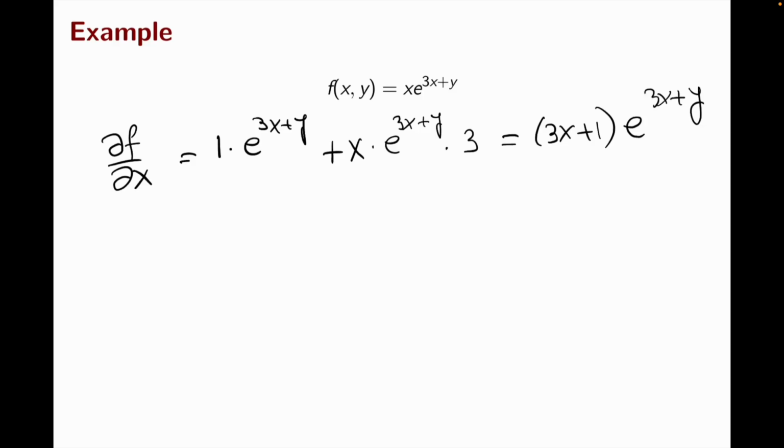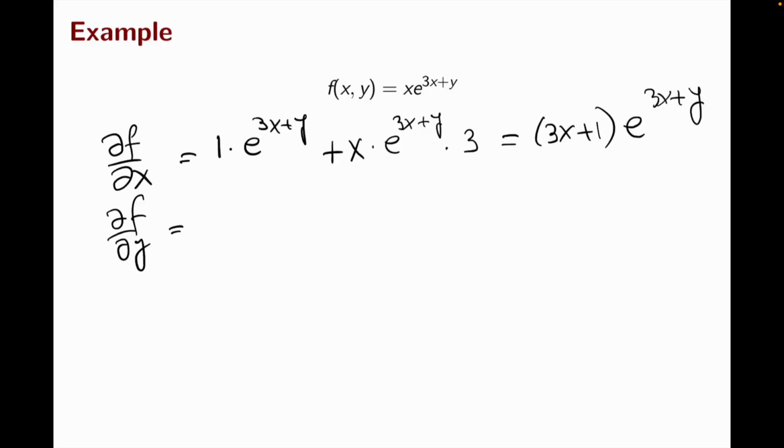Okay, and let's now do the derivative of f with respect to y. Observe that in order to calculate the derivative with respect to y, this variable here is a constant.